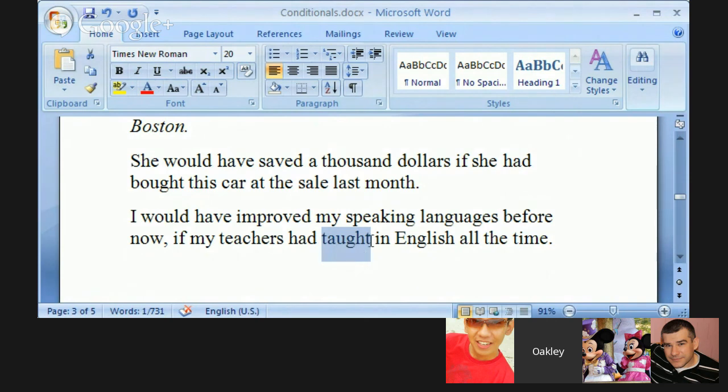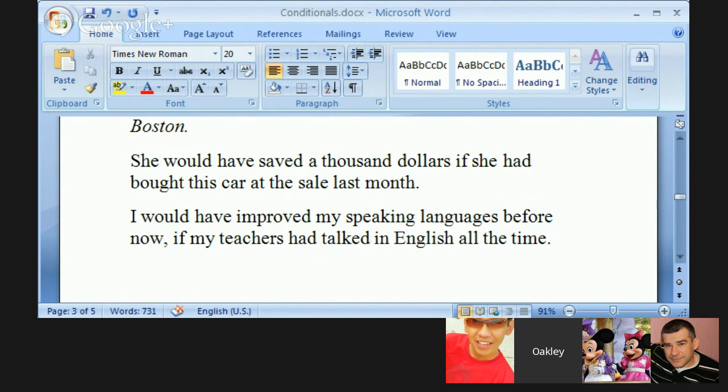Talked. Because my teachers, both private teacher and teachers in the language school, during the first two years, they always spoke in Spanish.